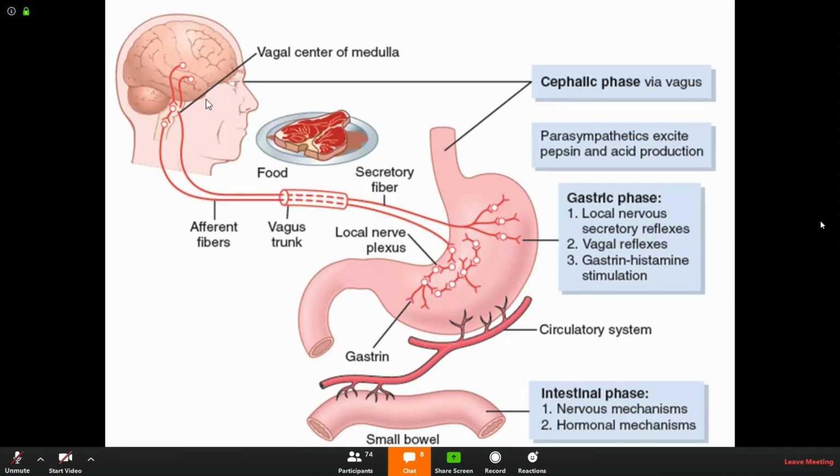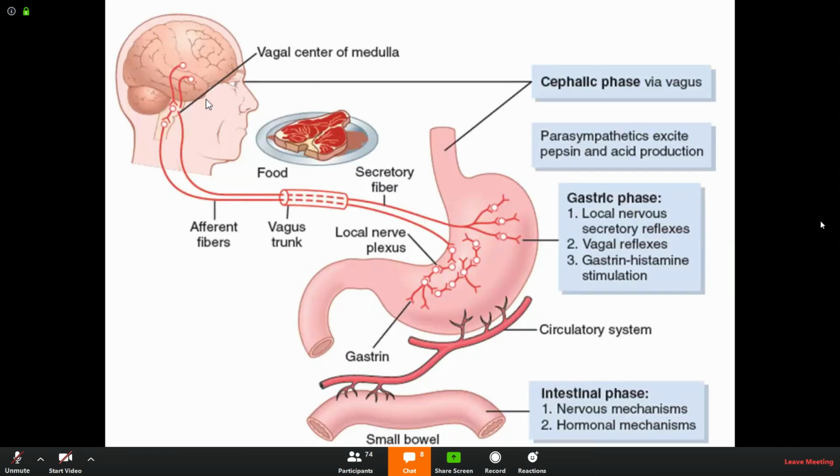Then during the gastric phase, once the food reaches the stomach, due to mechanical irritation of the food and the chemicals present in the food, there is secretion of gastric juices.